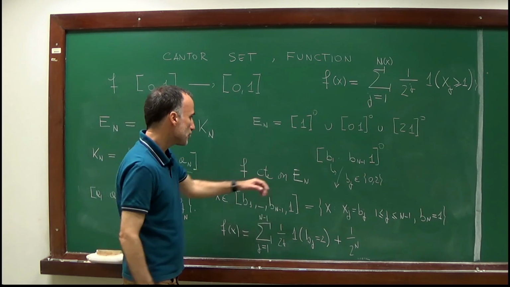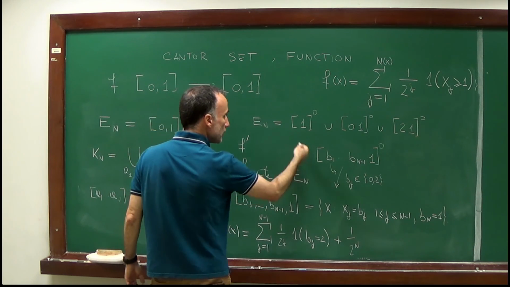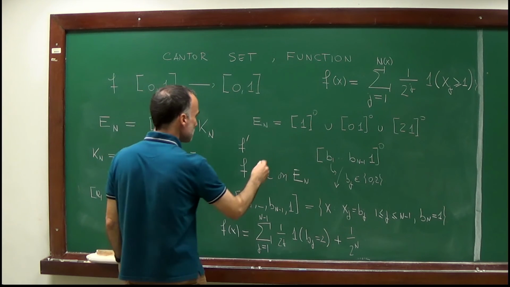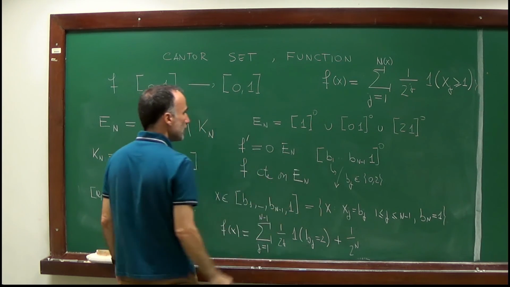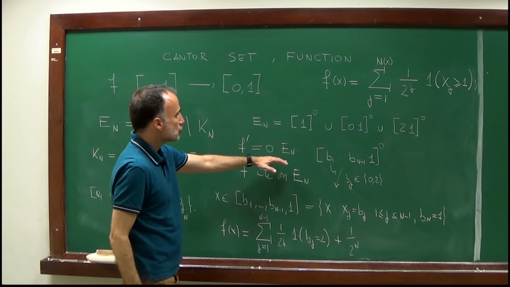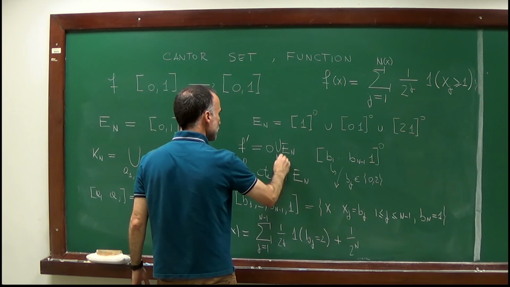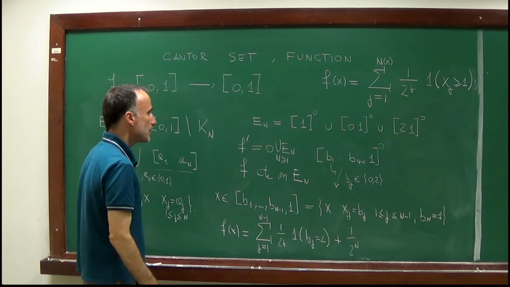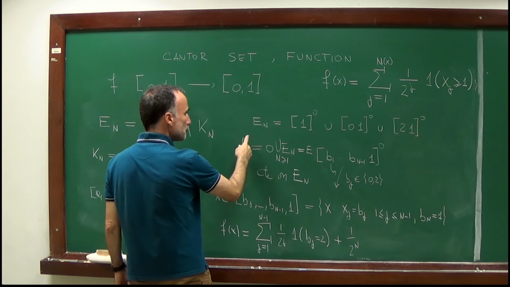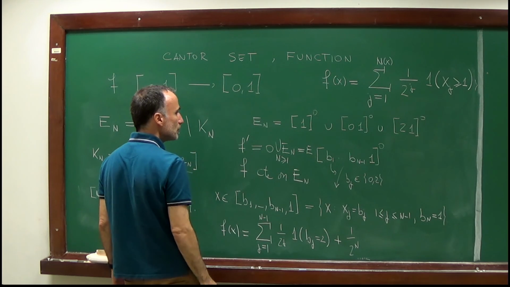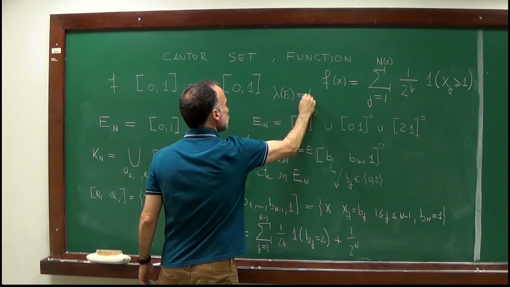If f is constant on E_n, and E_n is made of open intervals, this means that f prime is equal to 0 on E_n. Well, this is true for any n, so f prime is equal to 0 in the union over all E_n, and this is my set E. So we proved that f prime is equal to 0 on my set E, and the measure, remember, of my set E is equal to 1.